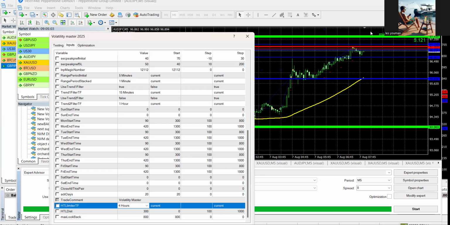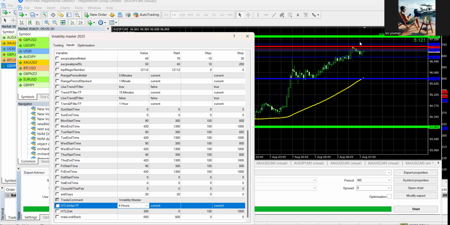If it doesn't and it breaks through, then it's going to move this line right up to wherever the next highest 4-hour range is, and then the software would be able to trade again. We've got the HDL distance set at 300 points. So from here down to about here, which is 300 points, is essentially what we're calling the danger zone.